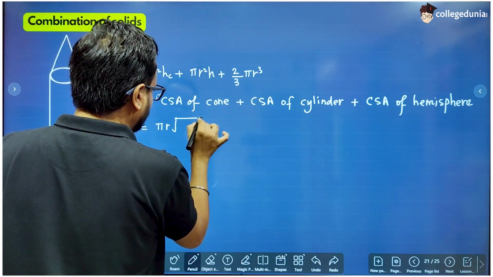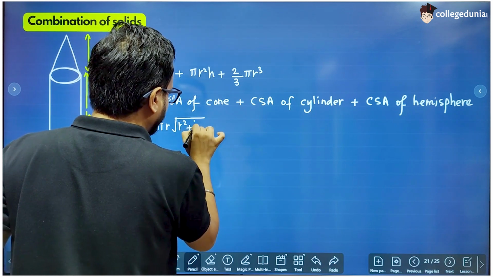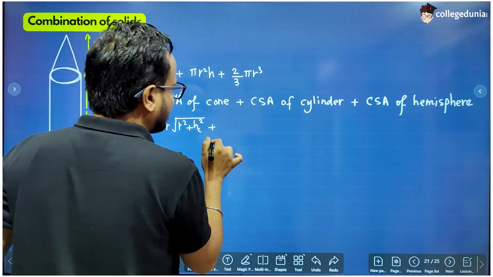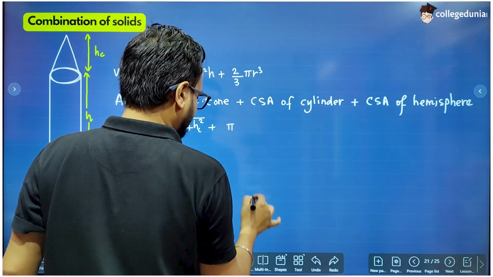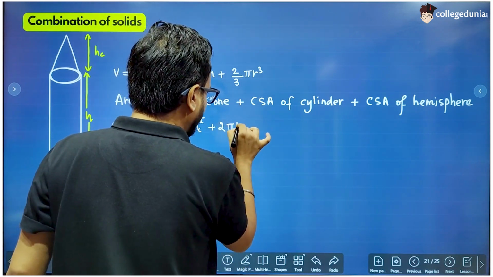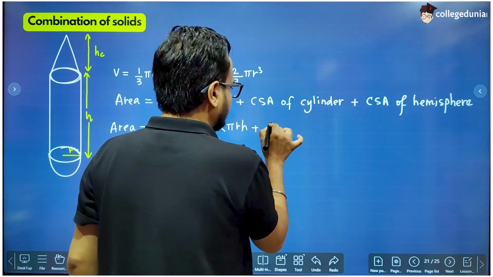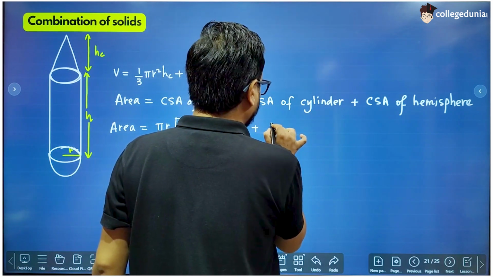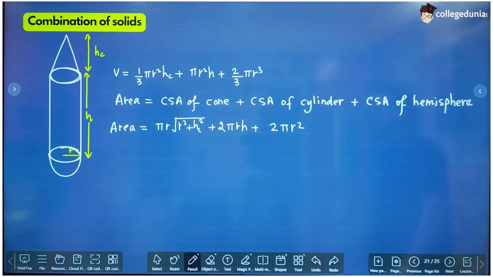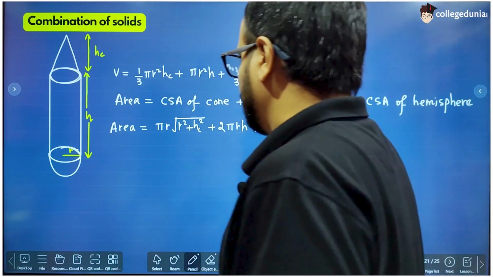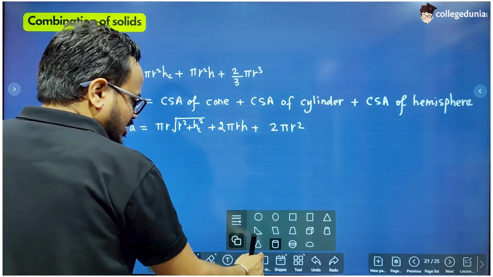It is under root r square plus height of cone square, plus CSA of cylinder, 2 pi r h, plus CSA of hemisphere, this, right?